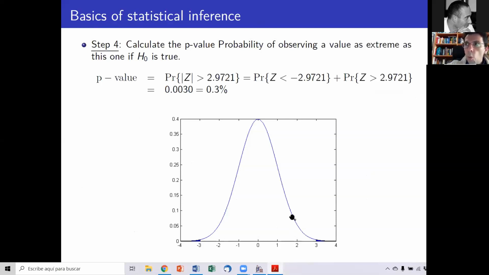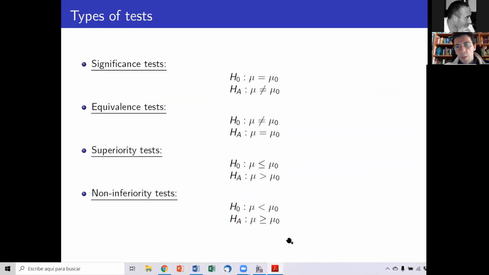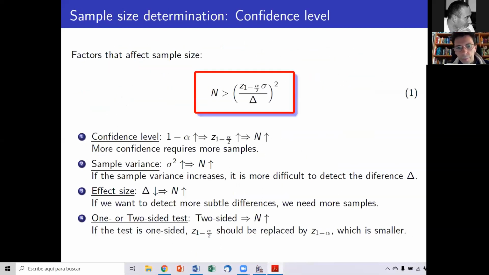If we are doing a one-tail test, the area to the right is 5%. So we have to move the 1.96 a little bit to the left. So making one-tail tests is a little bit cheaper in terms of samples than two-sided tests.